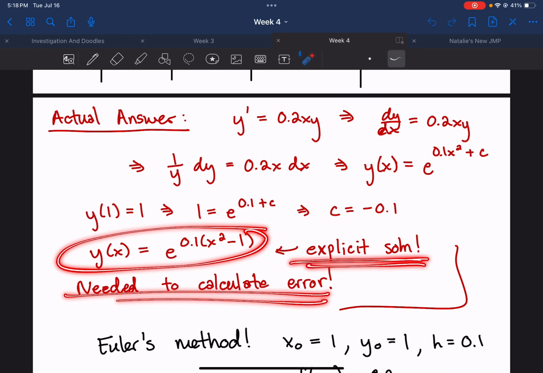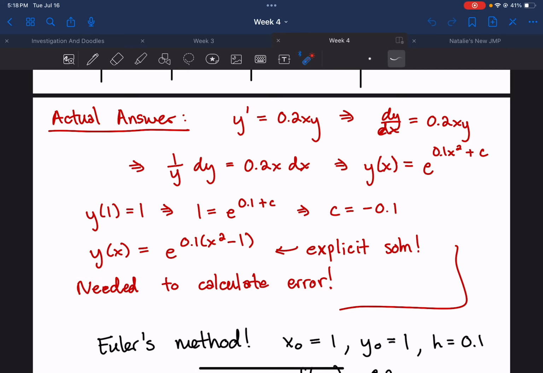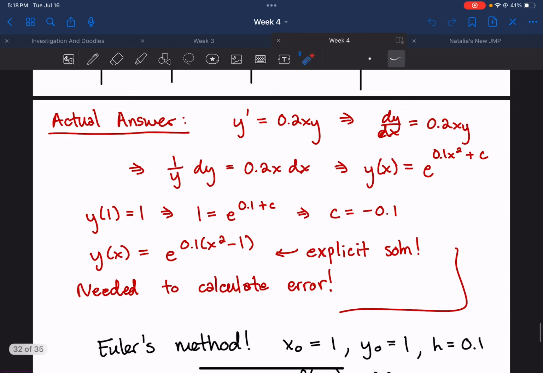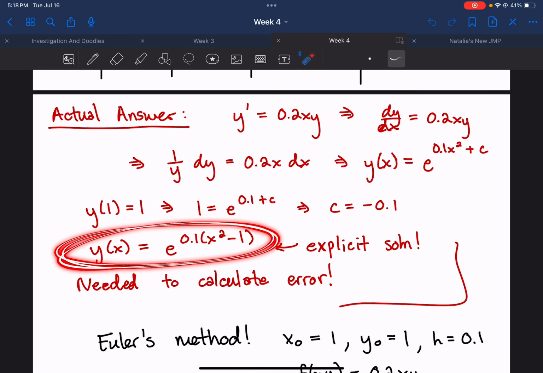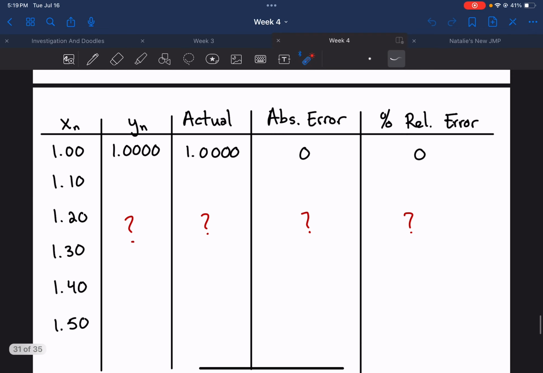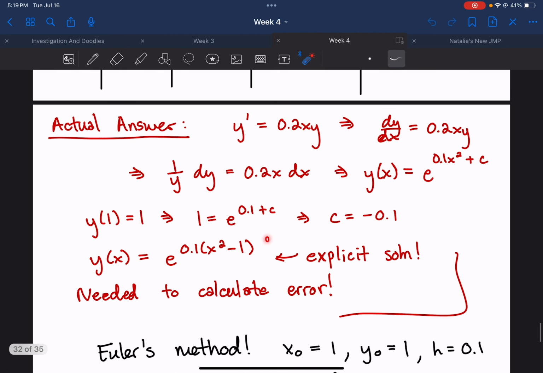I need this to calculate the error. This is my actual solution in a closed form. So I can find the value of y at all the different x's. I can use this explicit solution to fill in this column. I can just plug in x equals 1.1 and find the actual value using this explicit solution.